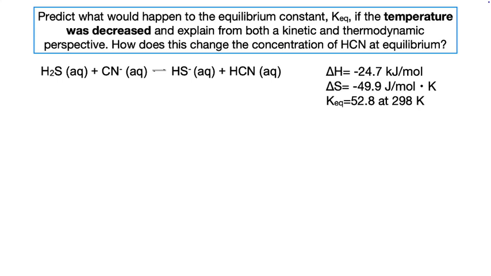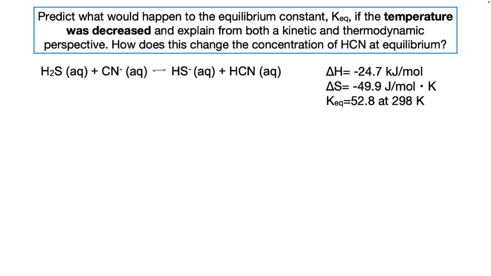How do we explain this from both a kinetic and thermodynamics point of view? Where's the kinetics? Our activation energy. What's happening to the activation energy? So again, it might be useful to include an arrow. We're going this direction.